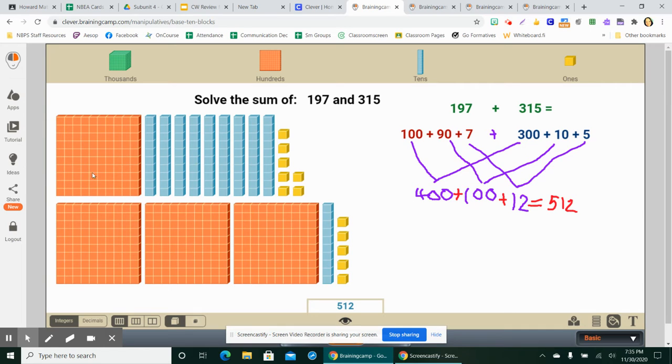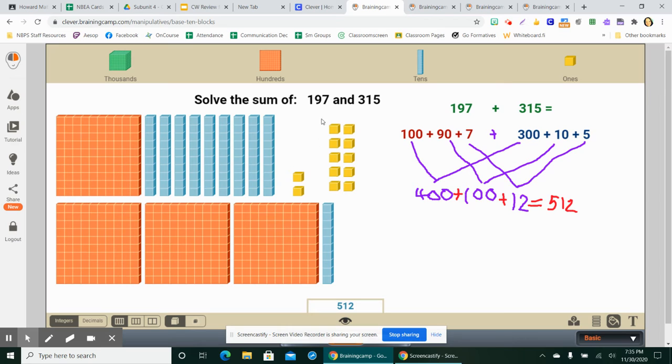Now, with the base 10 blocks, because this is another way you could do it. Here is my 197. Here is my 315. Now, what you need to do is you're going to have to do a little bit of regrouping. So I could put these 5 here, and I could group these 5.